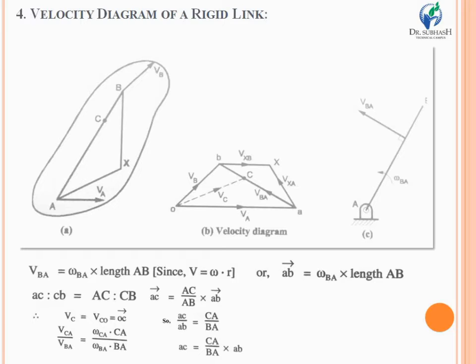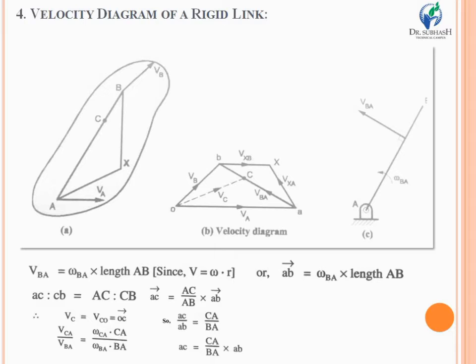Now look at the screen. Consider a rigid link AB, which you have on your screen, having a fixed length AB. Now let the absolute velocity of point A be V suffix A, of which both magnitude and direction are given.